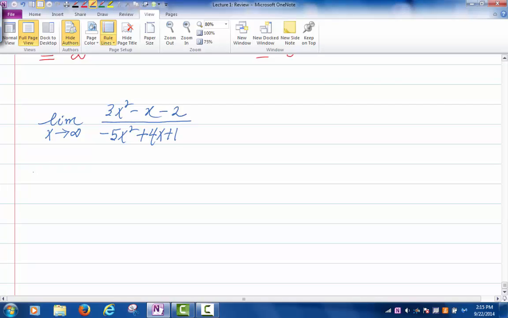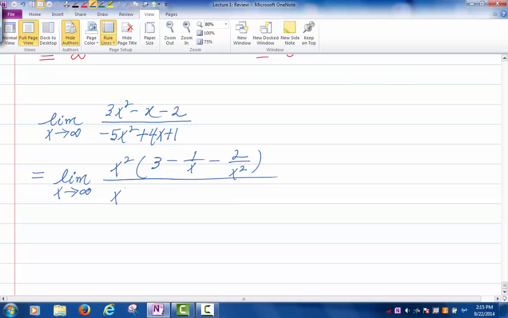The trick that I'm applying only works for a rational function when x goes to infinity or negative infinity. It doesn't work when x goes to 1 or 2. The trick is the same as I did before: you factor out the dominating term. If I factor out x squared in the numerator, I get 3 minus 1 over x minus 2 over x squared.